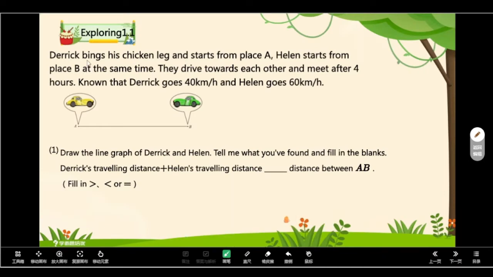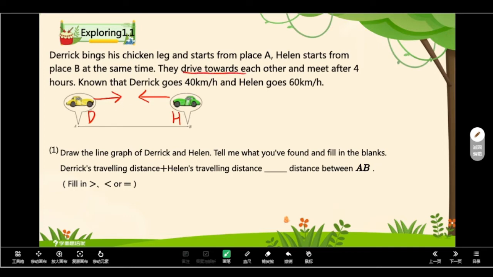Derek again brings his chicken leg. Wow, he really loves chicken leg. And starts from place A. Helen starts from place B at the same time. That means Derek is here and Helen is here. Derek comes this way and Helen goes this way. Okay, they go towards each other.